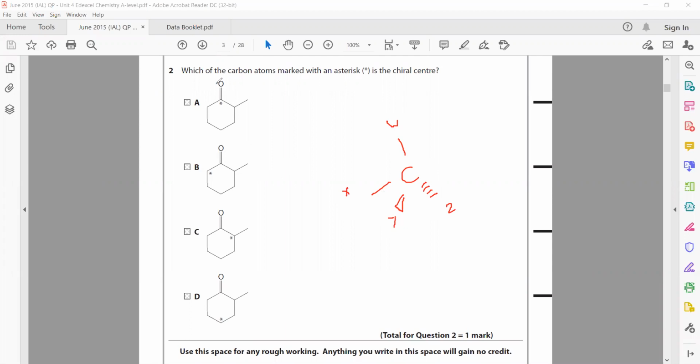When we check this one, 2 of the bonds are with the same oxygen, so this cannot be chiral. When we check this one, there will be 2 hydrogens attached, so it cannot be chiral. When we check this one, different groups are attached, so this will be chiral. And again for this carbon, 2 hydrogens will be there, so this cannot be chiral, so C is the right answer.